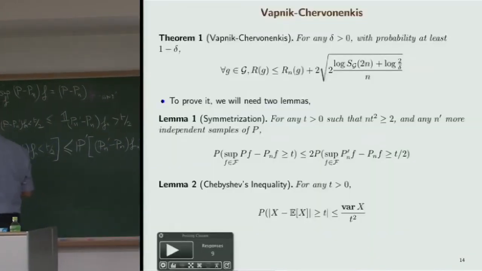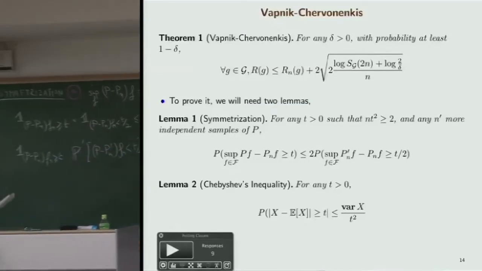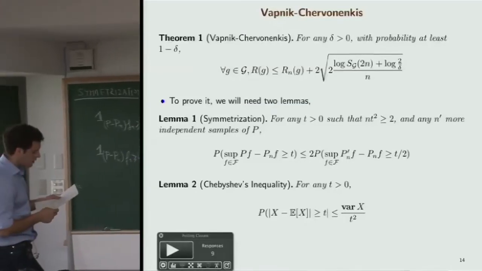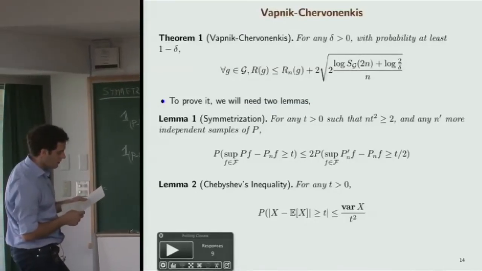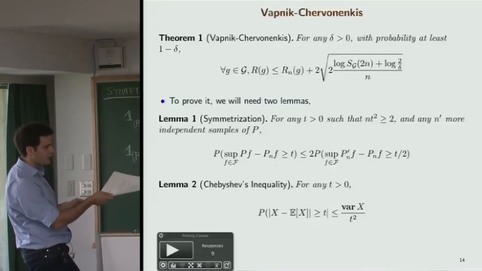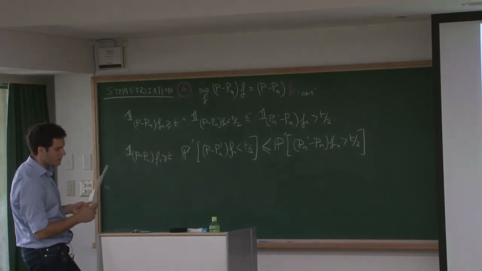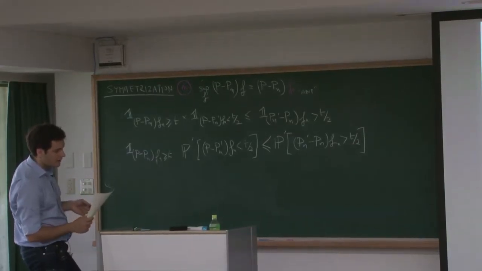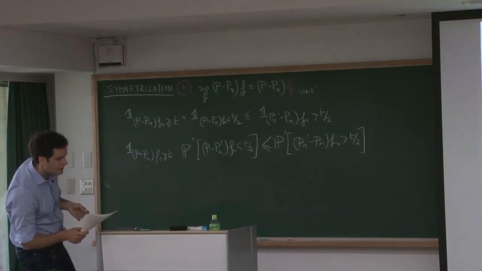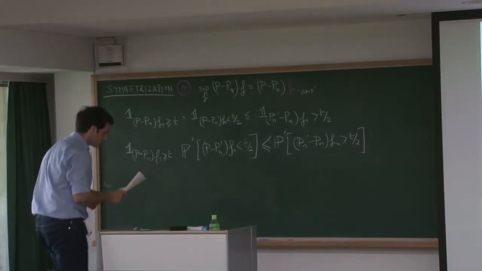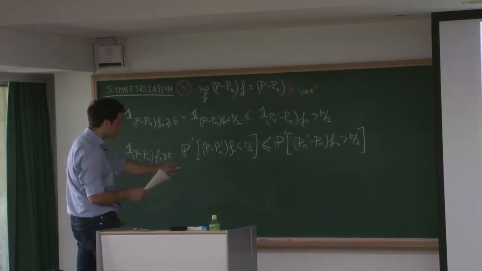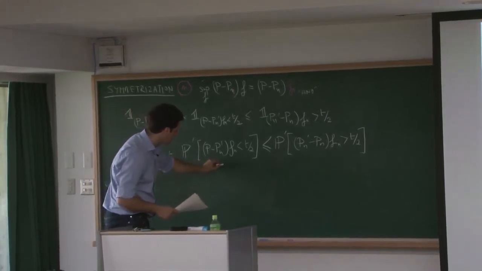I'm sorry, I'm not sure I gave you the good version. This is the Chebyshev's inequality with absolute values, but the one without absolute values is slightly different. I will update this in my slide. Sorry.